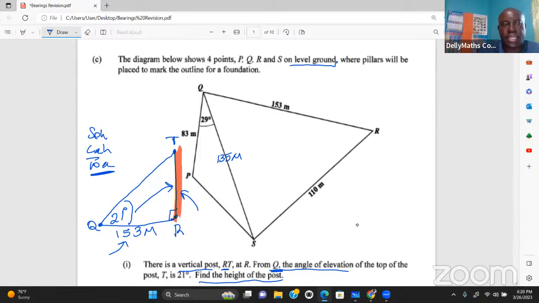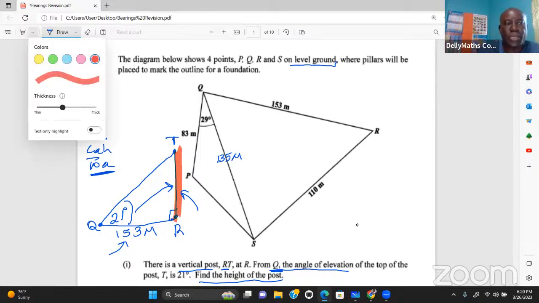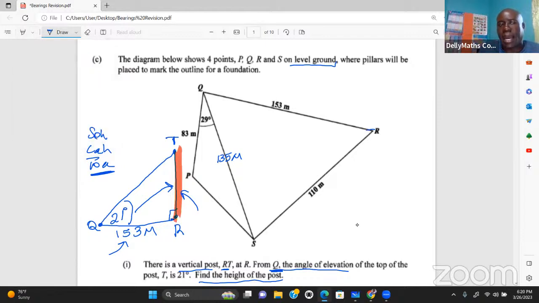Now let us take a quick look at what it is that we need. When we talk about perimeter, we're talking about starting at R. If I should start at R here, I will be going along here. That's 153 that I know. Then I'm going to come along here. That's 83 that I know as well. I need PS.